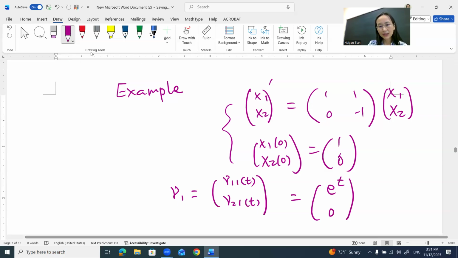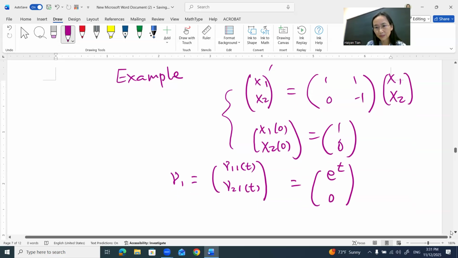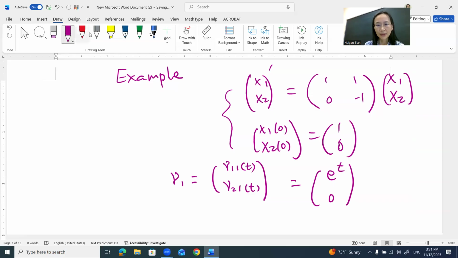And then you can find a solution to another initial value problem, right? Let's just change the initial data. Then I will define another initial value problem. Suppose the initial data is the other unit vector. You will solve that one and get gamma 2.